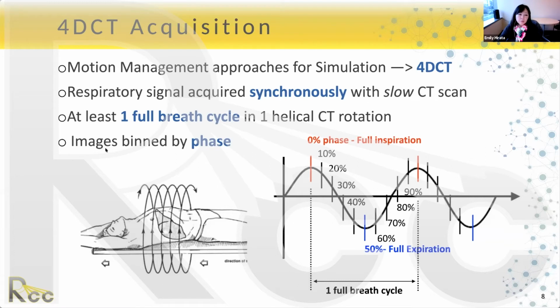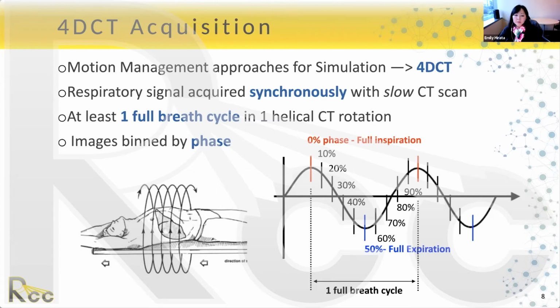And the software will then bin these images by phases, and I'll have a graphic that will hopefully explain that a little bit more. Most 4D CT scanners, the way they're set up for 4D CT acquisition, have this set up already. So the pitch of the scanner is configured such that you generally do not have to worry about this.